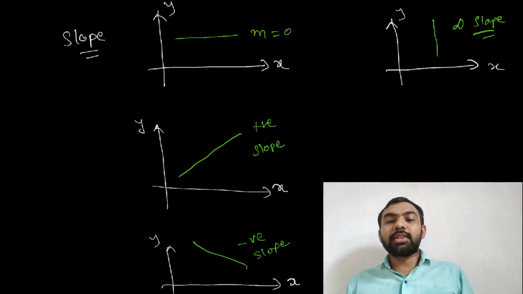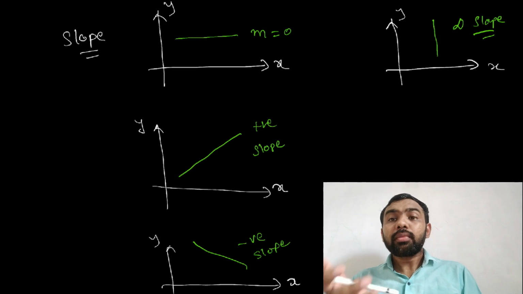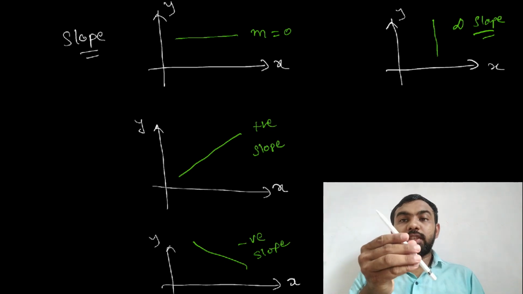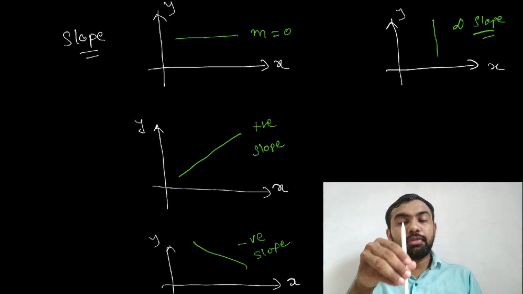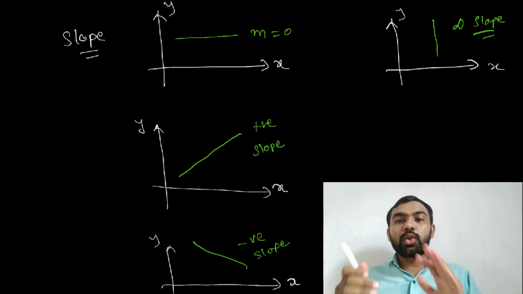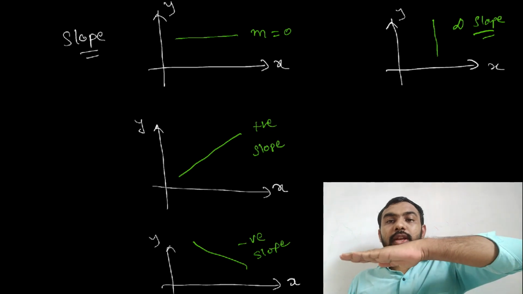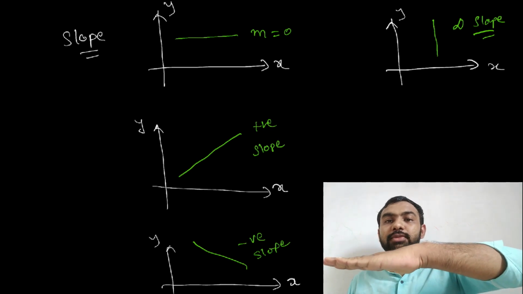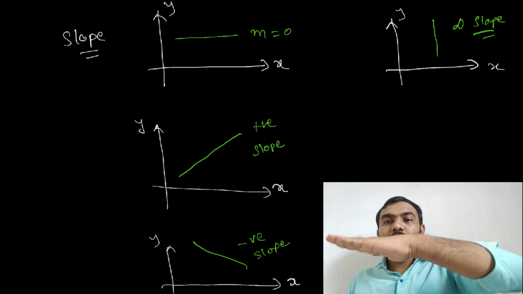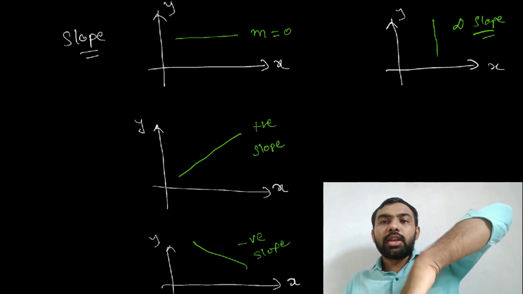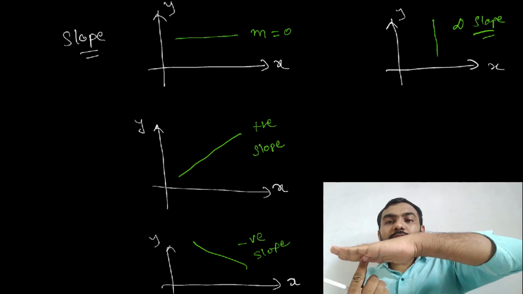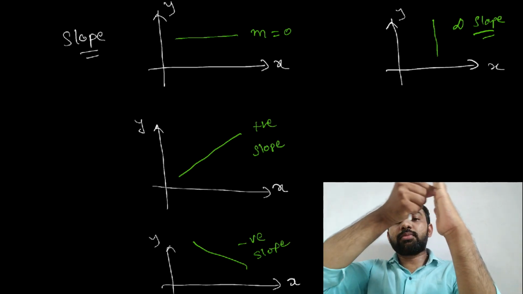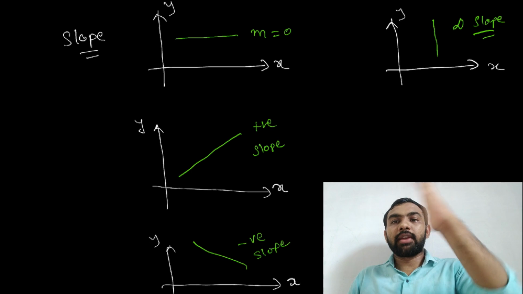You must remember all these concepts: 0 slope, positive slope, negative slope, and infinite slope. So we have different types of cases here. This horizontal is the reference for all of you. If it is 0, then positive, negative, and infinite. If you consider this line, the slope increases in the positive way, from 0 to infinite.